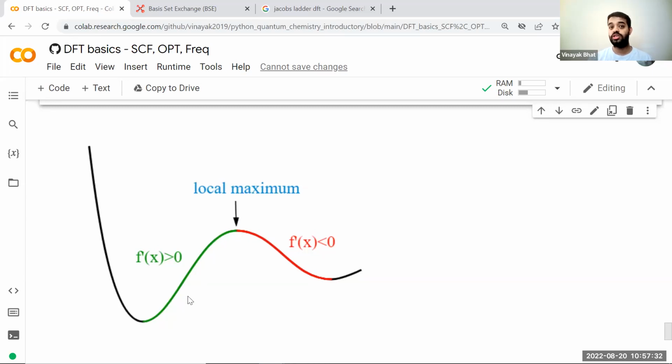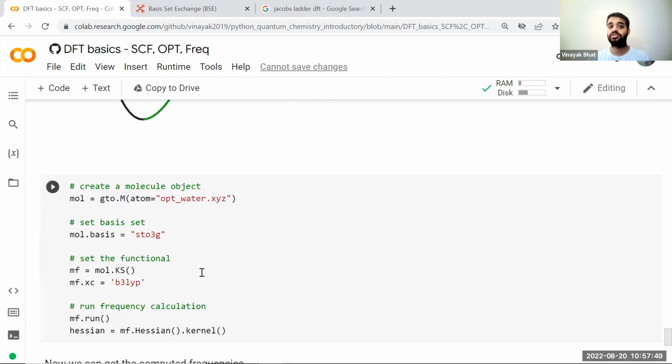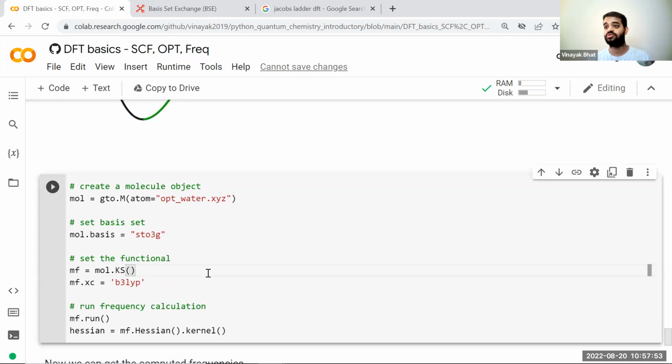But at both these points, the derivatives are 0. Okay, so f prime x will be 0 at this point, as well as this point and that point. So it can be stuck somewhere, but you actually need to know whether it's a maximum or a minimum. In that case, frequency calculations are what will help you know whether it's a minimum or maximum.